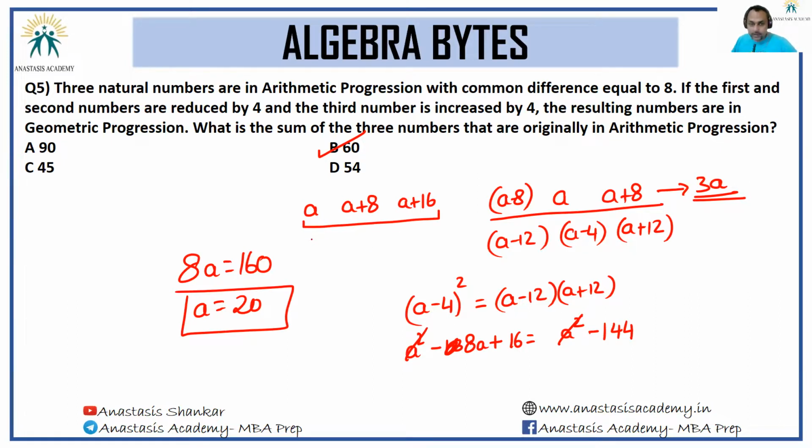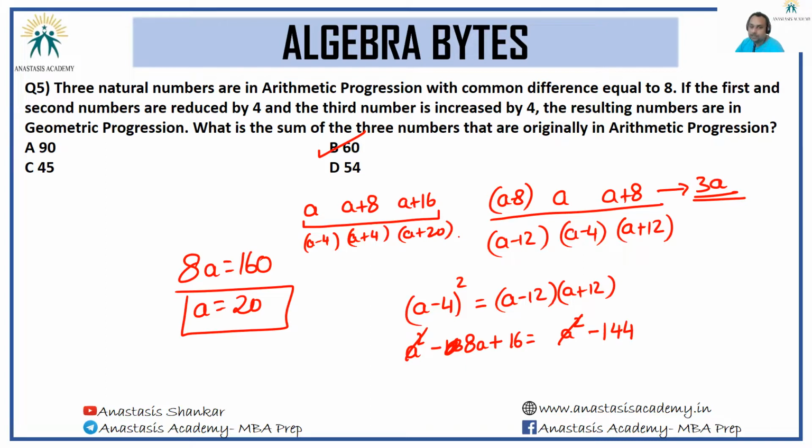If this is reduced by 4, this becomes a minus 4. If this is reduced by 4, it will become a plus 4. Then this is increased by 4, so this will become a plus 20.